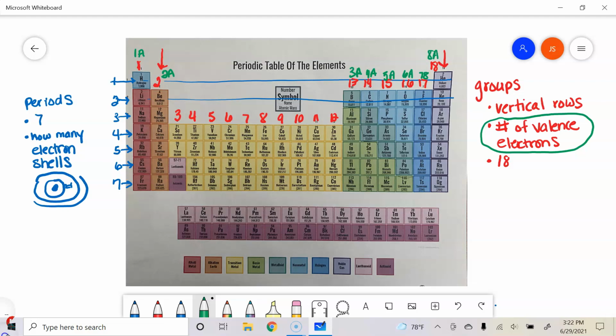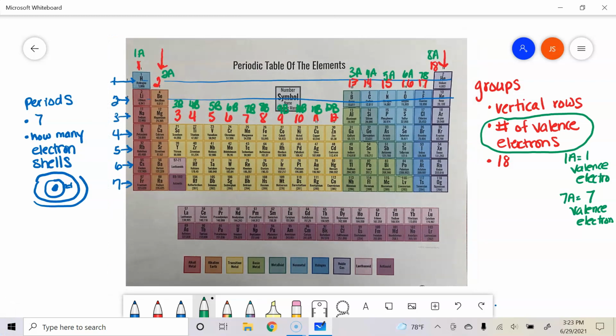So for instance, 1A has 1 valence electron. 7A has 7 valence electrons. And these we would do again, but they would be B. So this would be 3B, 4B, 5B, 6B, 7B. And you will have to write these ones in because they are not written on your periodic table. 11B and 12B.